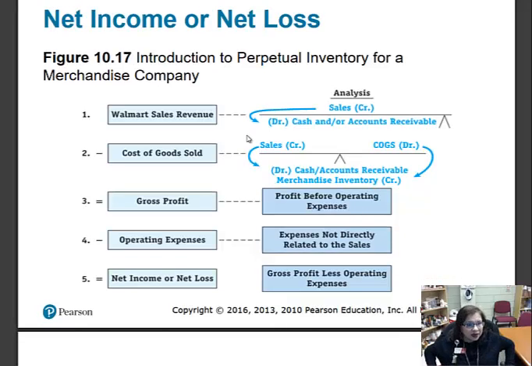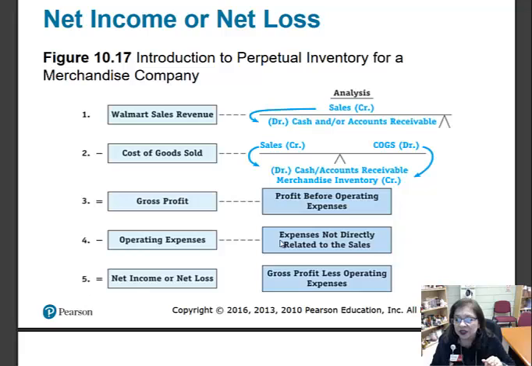So with net income and net loss, again, what I was talking about, here we go. We have Walmart sales and revenue right here, okay? Cash and accounts receivable, what people still owe us. Cost of the goods sold, which is the cash, accounts receivable, plus how much money do we have in inventory, okay? Gross profit is going to be the profit before any expenses.